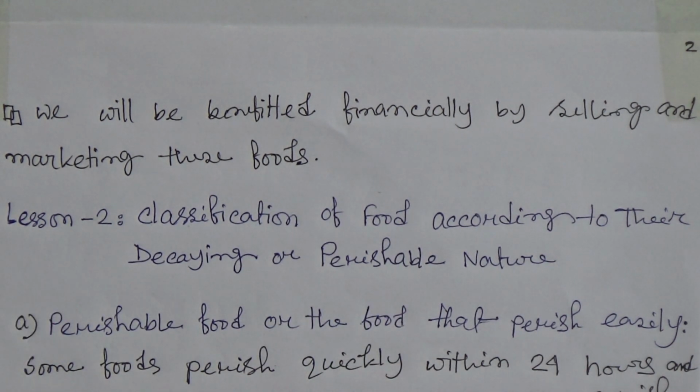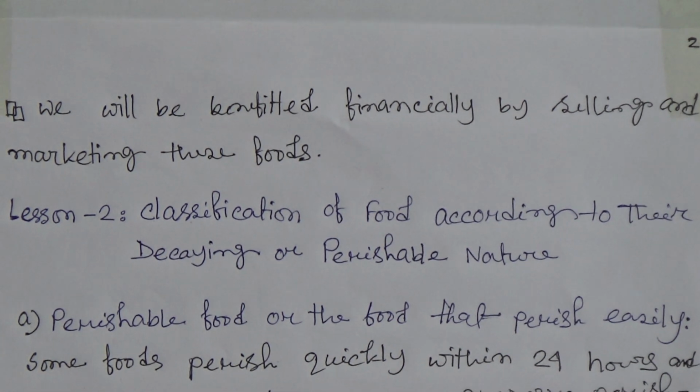Now this is lesson 2, classification of food according to their decaying or perishable nature. That means foods are actually classified into 3 parts according to their decaying or perishable natures.